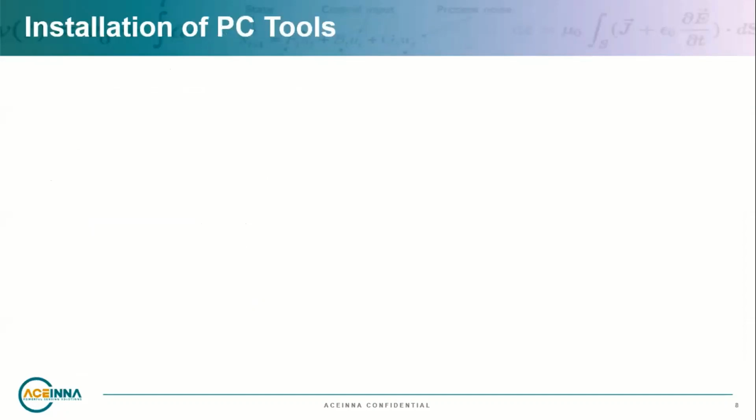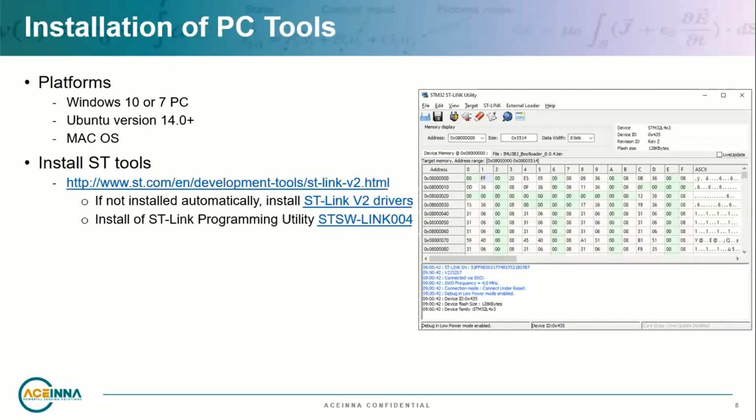So, getting started with the PC tools. You can get started on platforms like Windows 10 or 7, Ubuntu, and Mac OS. Make sure you have the ST tools installed on your PC, the drivers as well as the ST-Link programming utility.